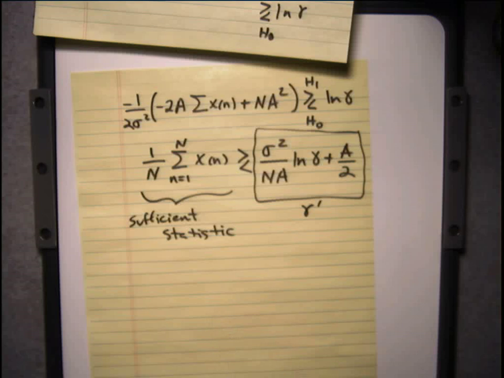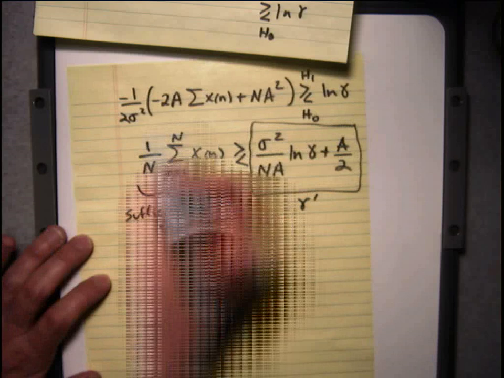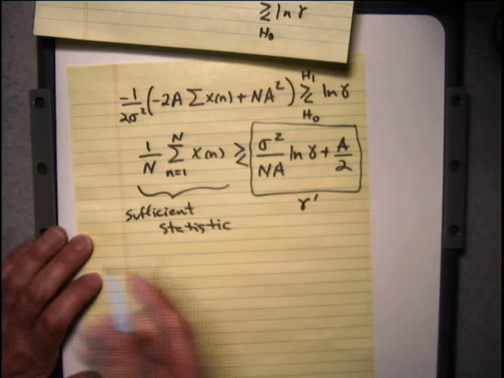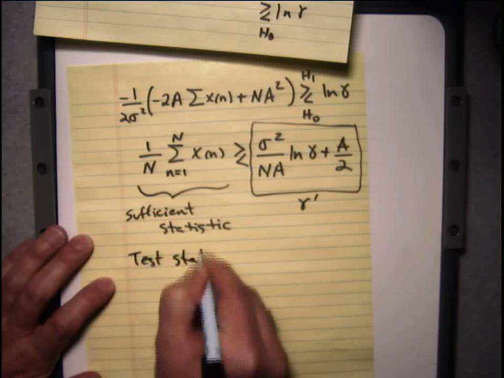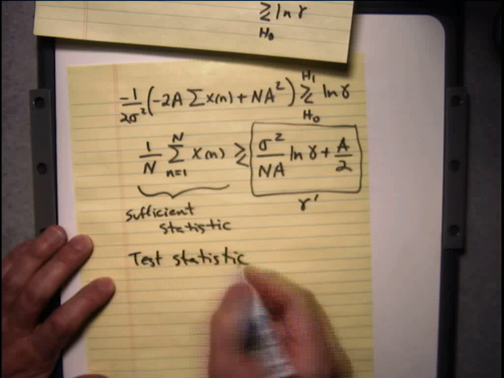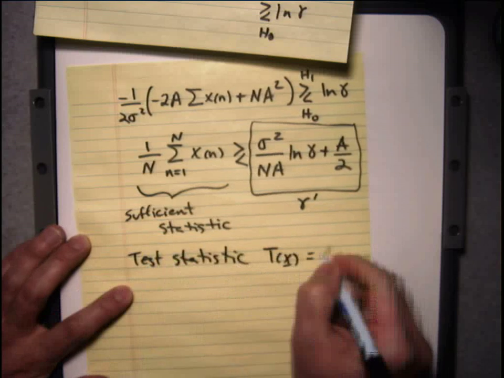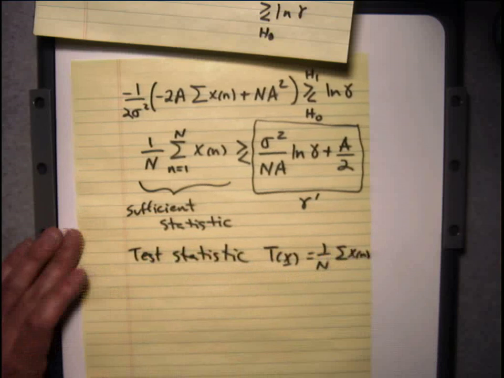Okay, so this is called the sufficient statistic, but more generally, the quantity that you compare to the threshold at the end, once you have simplified, is called a test statistic. The test statistic in this case is T of x, which happens to be 1 over n times the sum of x of n. Okay?